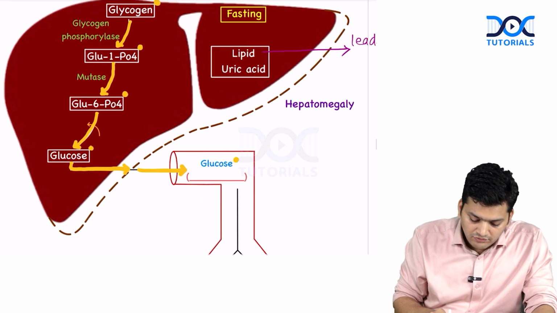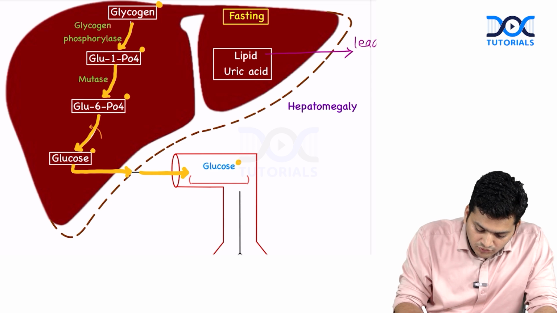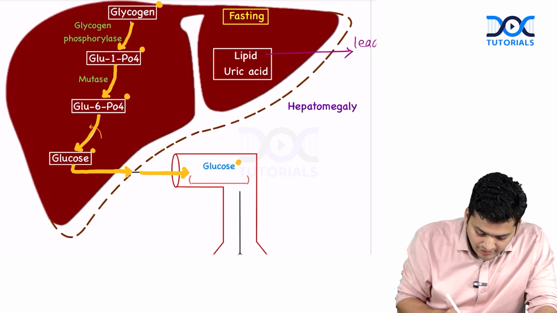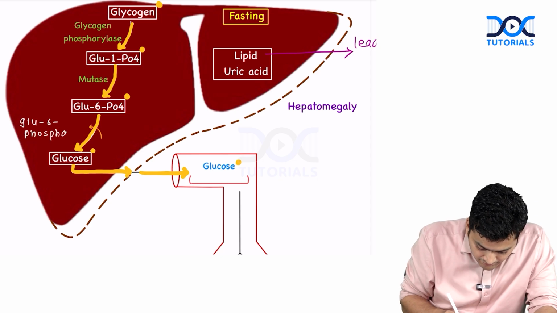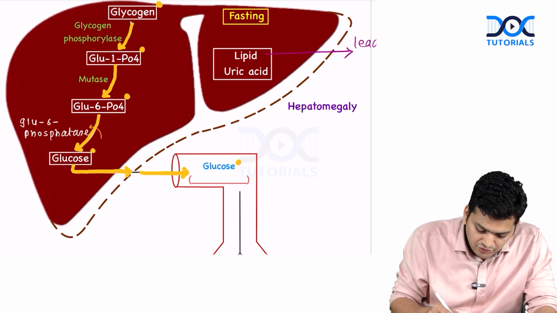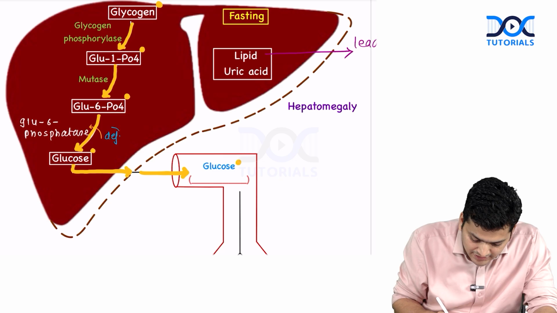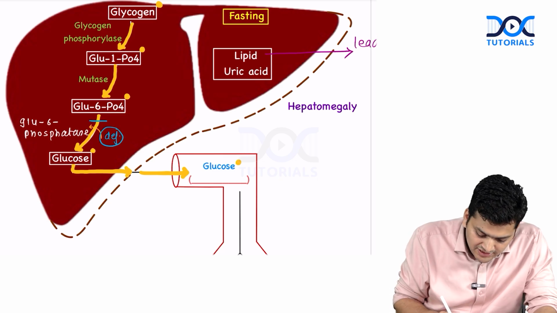But to convert the glucose 6 phosphate into glucose, we require the enzyme glucose 6 phosphatase. And we have an unfortunate child who has deficiency of this enzyme. If there is deficiency of this enzyme, this reaction will not be able to happen.